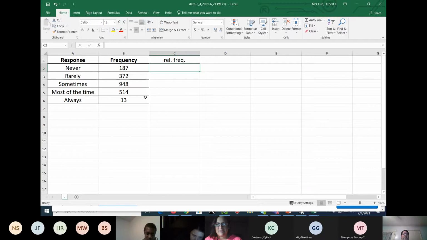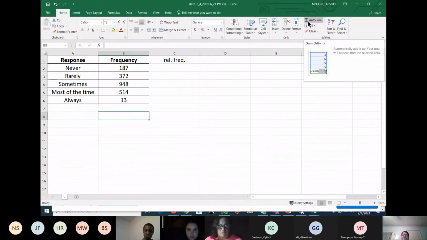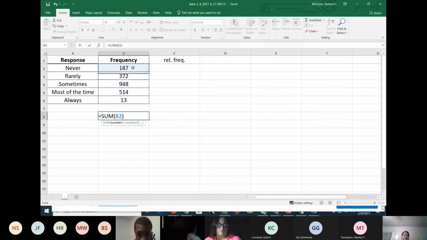Okay. Here we go. I'm going to find N. Now watch what I do here. If you use Excel, see that big funky E right here? Does anybody know what that funky E means? Read the word beside it. What does it mean? Auto sum. It sums up everything. So I'm going to hit that, highlight the numbers, and hit enter.